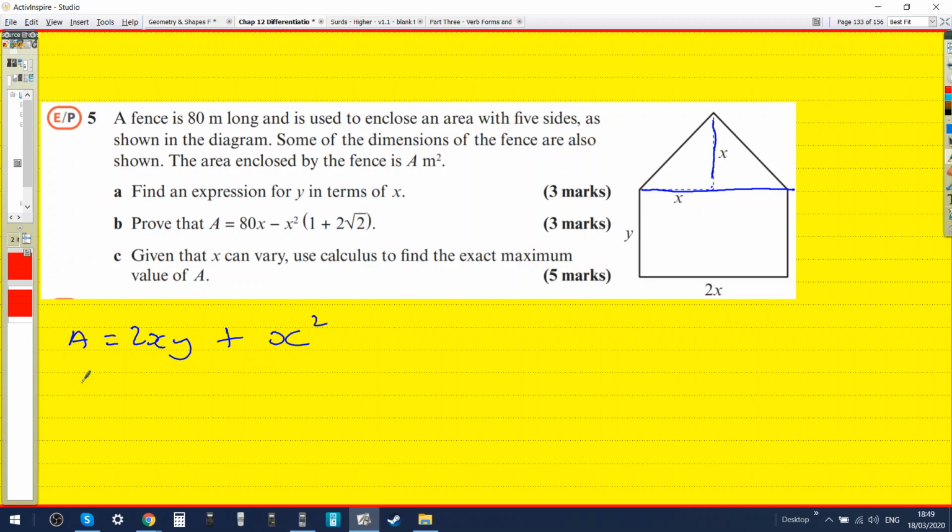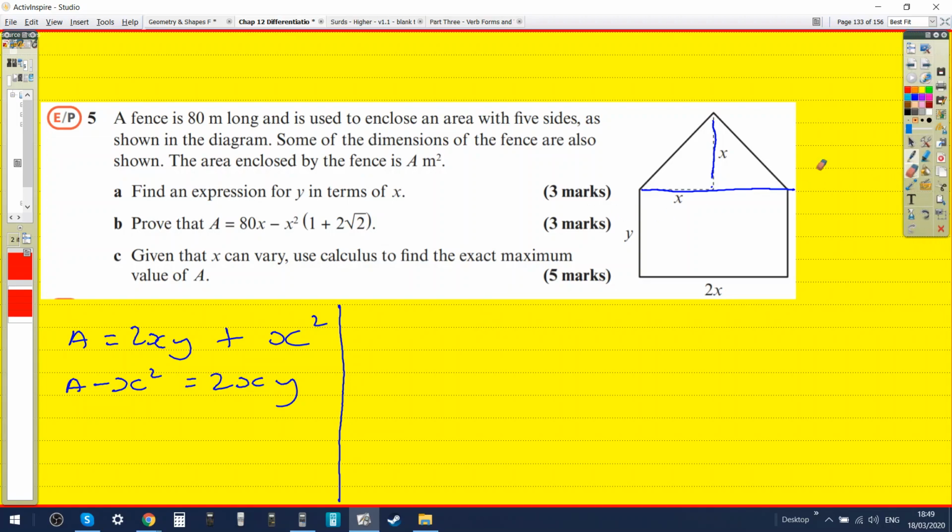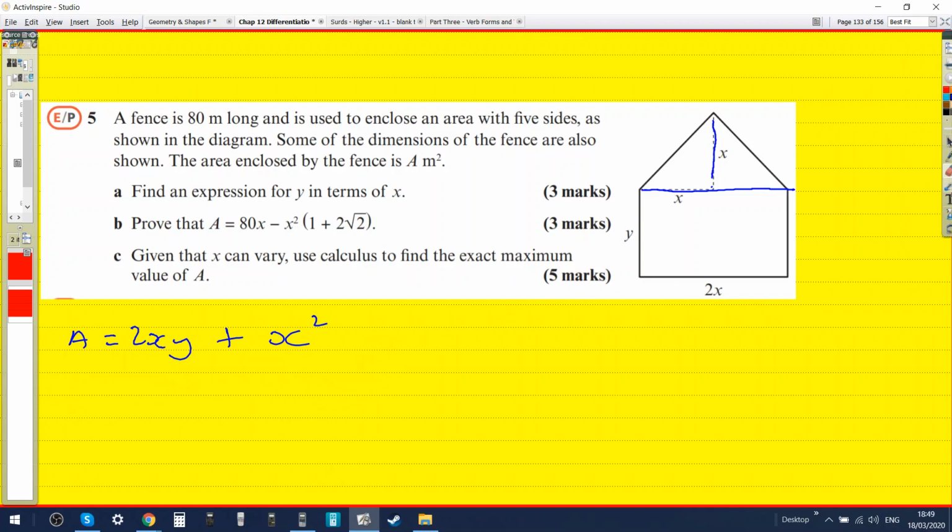So y equals... No. You're getting ahead of yourself. Okay, so we are trying to find an expression for y in terms of x.